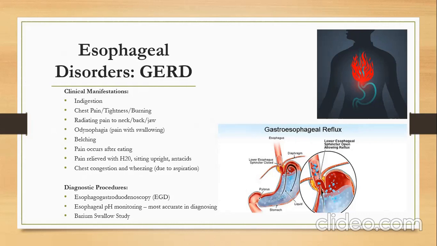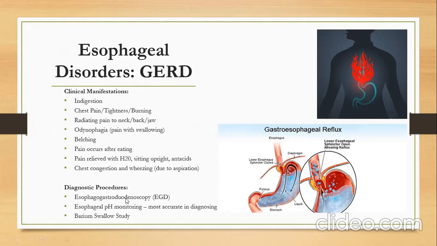Chest congestion and wheezing may occur due to aspiration. Again, the esophagus is right there, right next to the trachea, right behind the trachea. So it's not hard for them to aspirate on some of this reflux stuff.